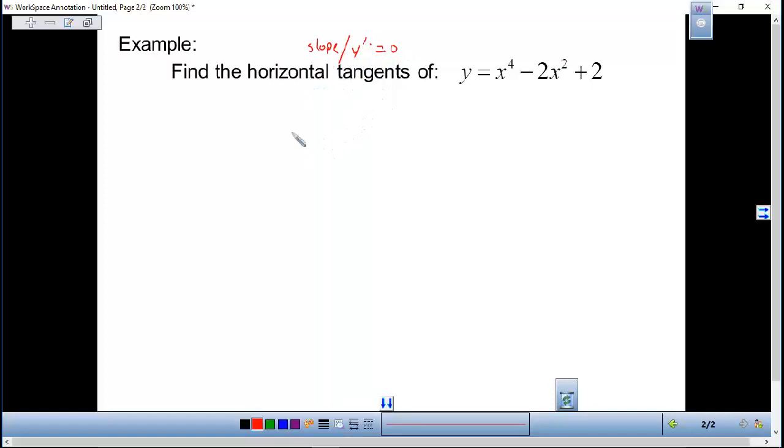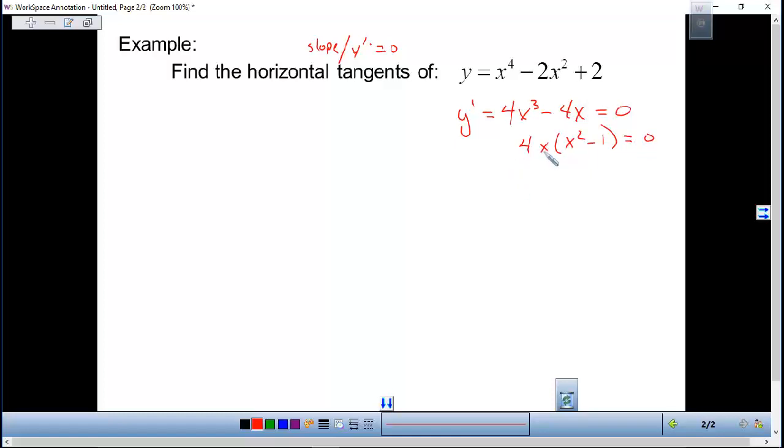That's where our tangents are horizontal. So we need to find out what y prime is. So y prime, which we just found, was 4x cubed minus 4x, and we're looking for where that thing is equal to 0. Well, we've got a common 4x we can take out, and then that's going to leave us with x squared minus 1.